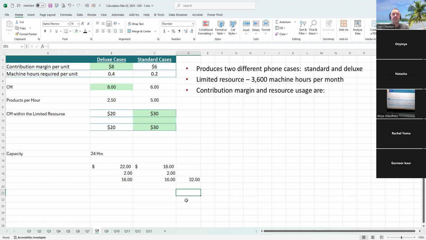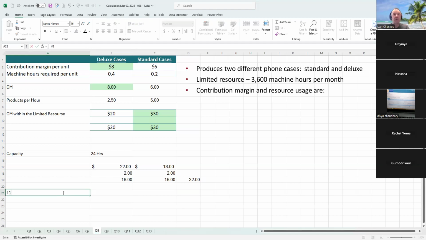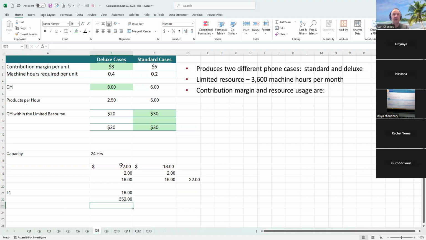The first option, $22 for 16 hours? So first, I'm going to work 16 hours on the first job, which is going to generate 16 times 22. But my limited resource is the hours.